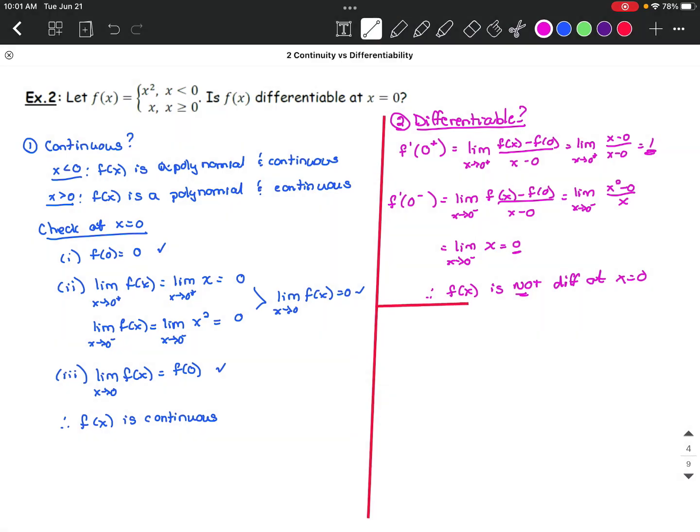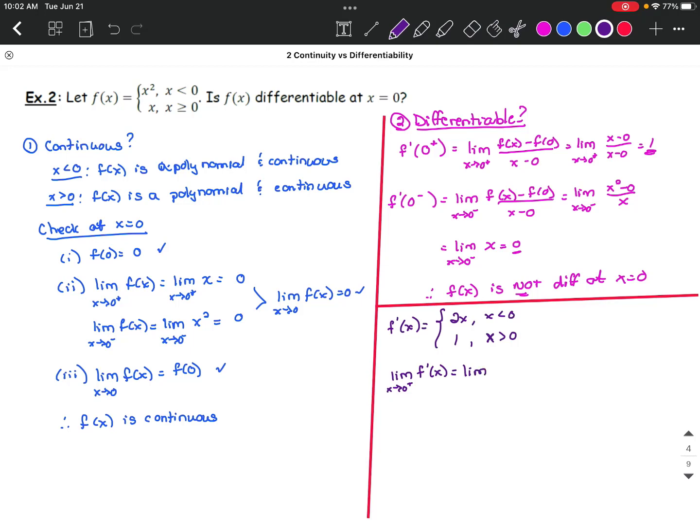Now, let's take a minute and look at the other way that we could find whether or not it's differentiable. If we took the derivative of each piece, the derivative of x squared is 2x when x is less than 0, and the derivative of x is 1 when x is greater than 0. Notice I didn't put the or equal to because that's the piece we have to figure out if it's differentiable. Now what we can do is take the limit as x approaches 0 from the right of the derivative.